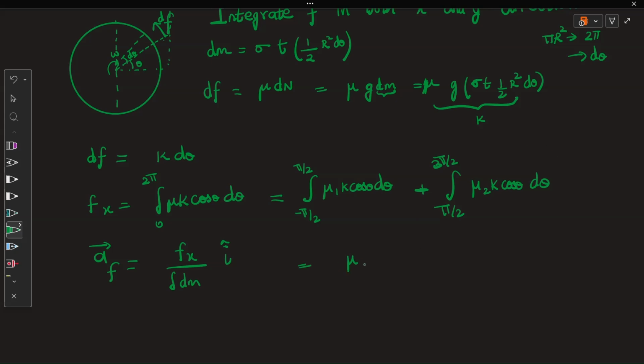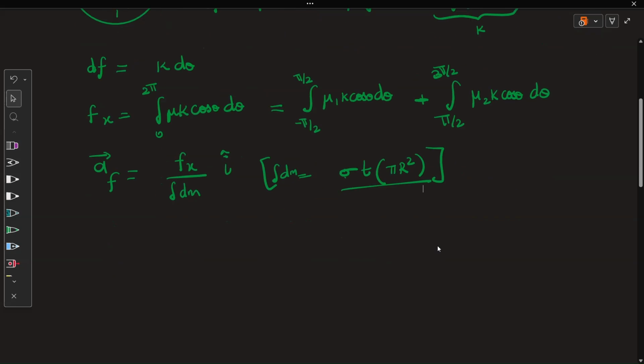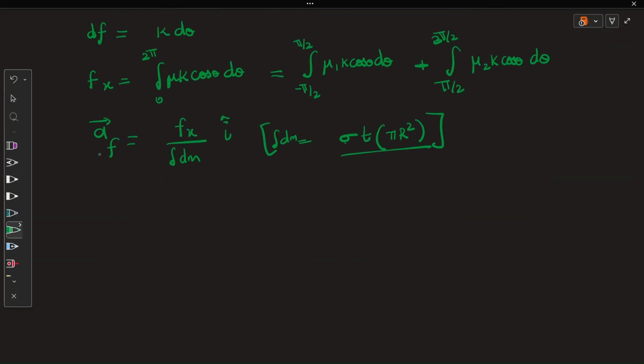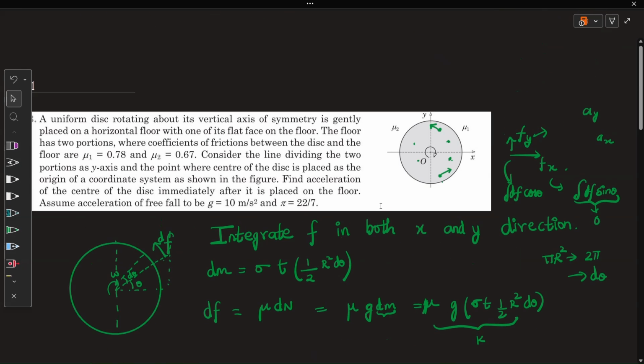It's simply sigma t into overall area, which is pi r square. So we have to divide it with this value, which is dm. I'm putting this in brackets. If you divide it, you will get the final answer which they are asking.